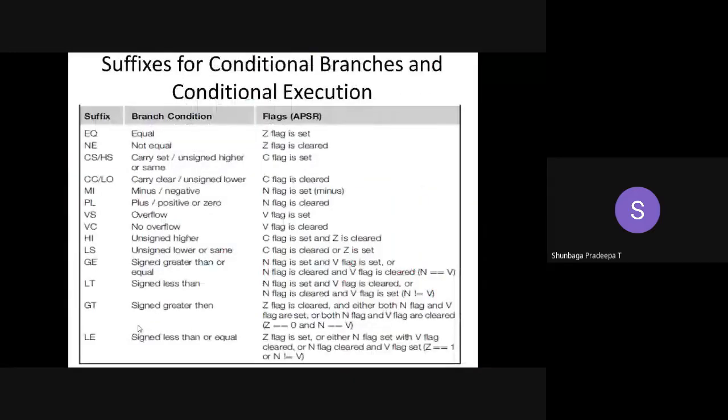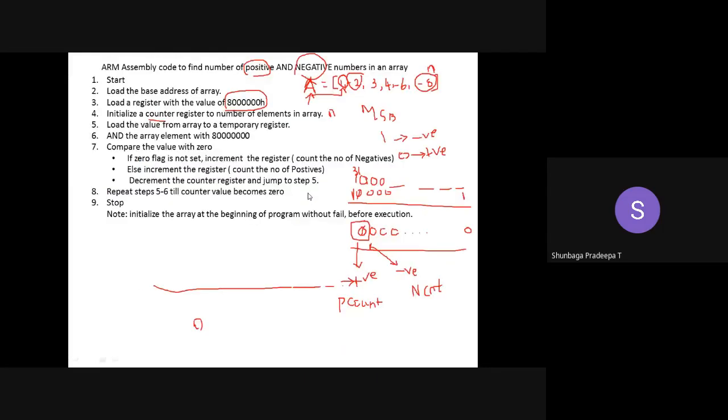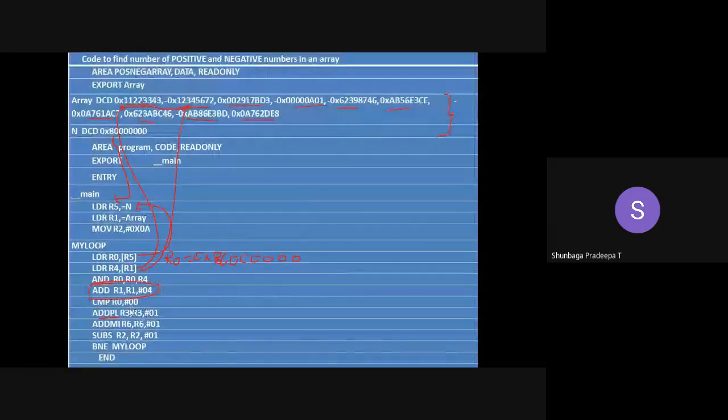PL is nothing but a plus or positive number when your N flag, negative flag, is clear. If it is MI, your N flag is set. So based on the negative flag, your R3 contains the number of positive elements and R6 contains the number of negative elements. Okay. So R3 will have positive and R6 will have the negative.